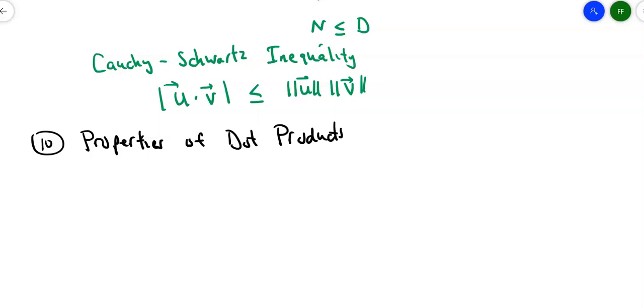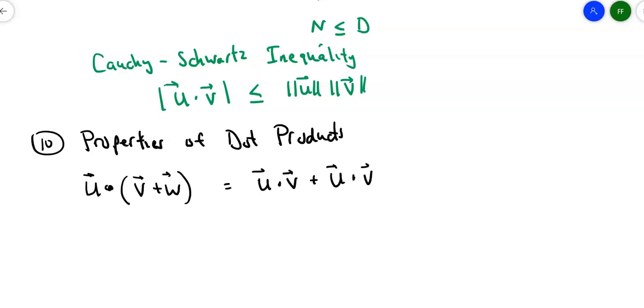You can distribute amongst dot products. So if you have a dot product of u and v plus w, then when you distribute that first vector, you're going to end up with the dot product of u and v plus the dot product of u and w. So same thing as distributing over multiplication. You just have to realize that the operation is no longer multiplication. The operation is dot product.